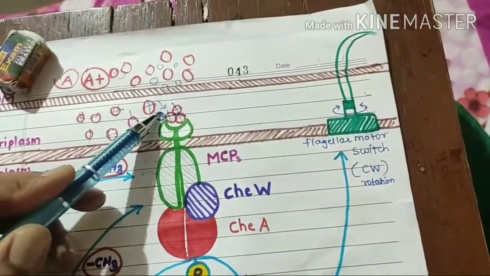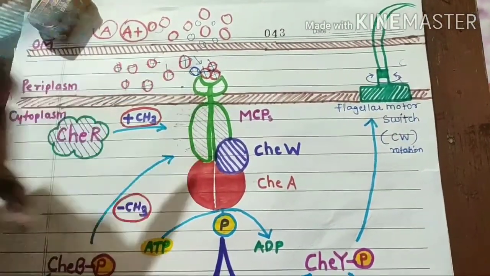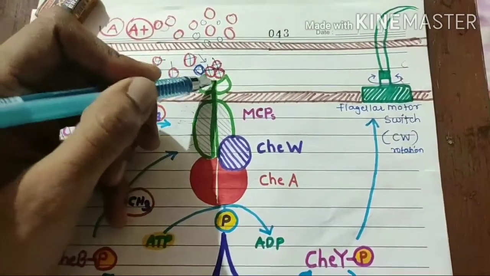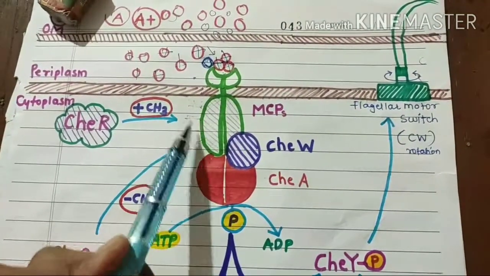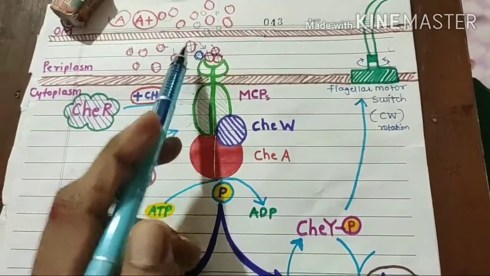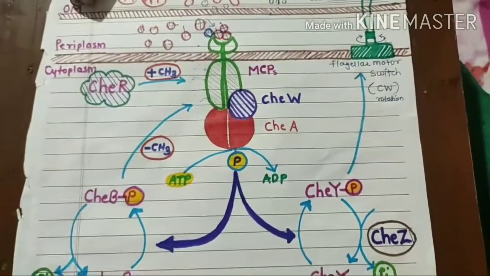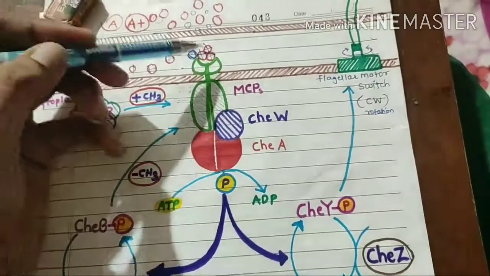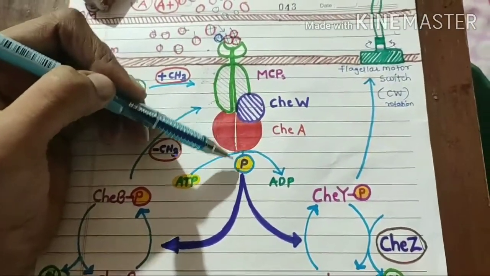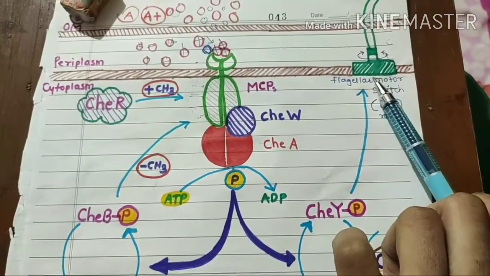Okay, so the lower concentration of attractant will only bind here if there is no methyl group. Okay, if it is bound to methyl group, these attractants will not bind here. So I hope it is clear that the binding of attractants to MCP inhibits the CheA, and hence there is smooth swimming because this CheY-P does not bind here at the motor.